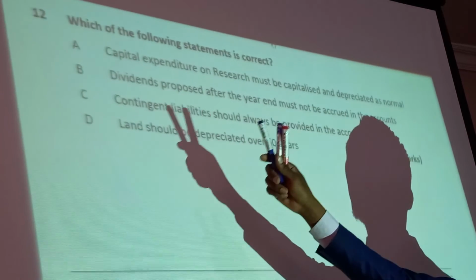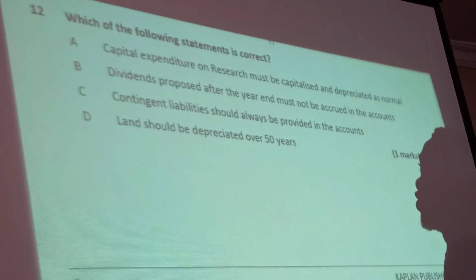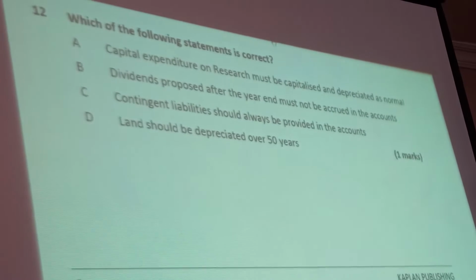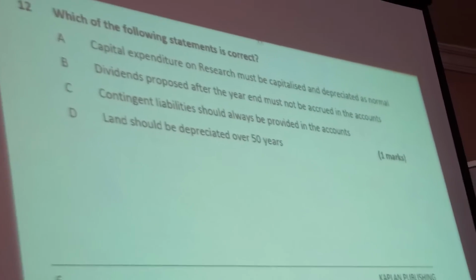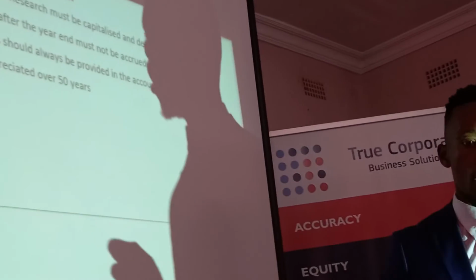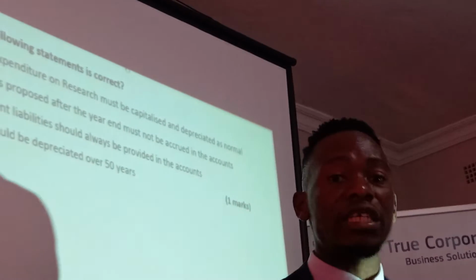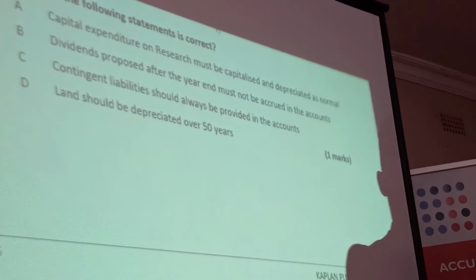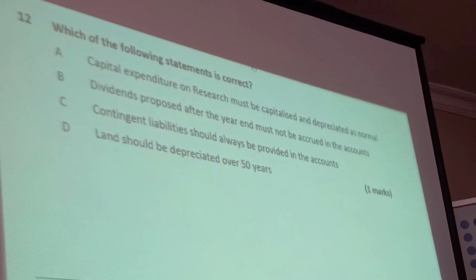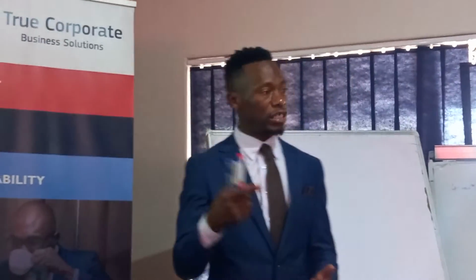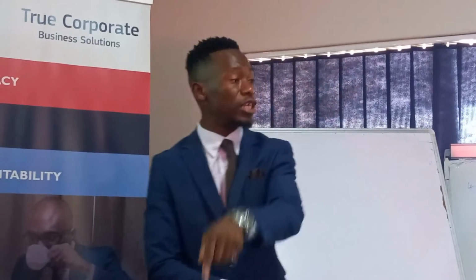So let's prove that A is wrong. They are saying capital expenditure on what? On research. The keyword there, on research. When you research, it is not probable that you benefit. You can research about anything and you make a loss. What is an asset? An asset is an economic resource that is controlled by an entity as a result of past events, out of which future economic benefits are expected to flow into the entity.